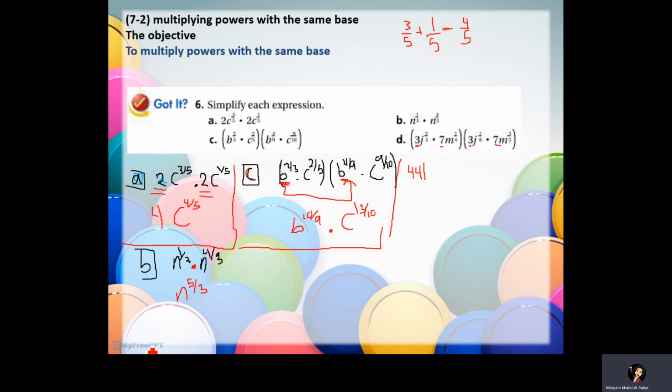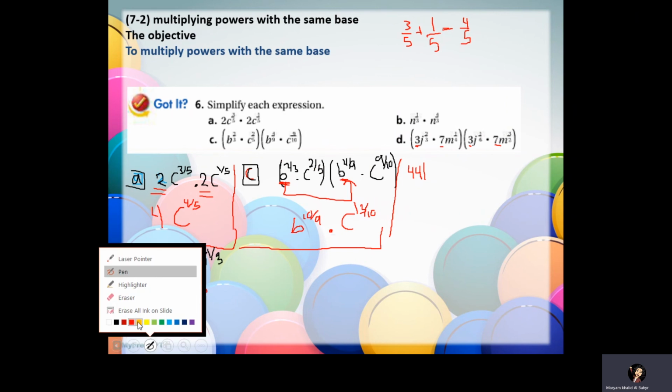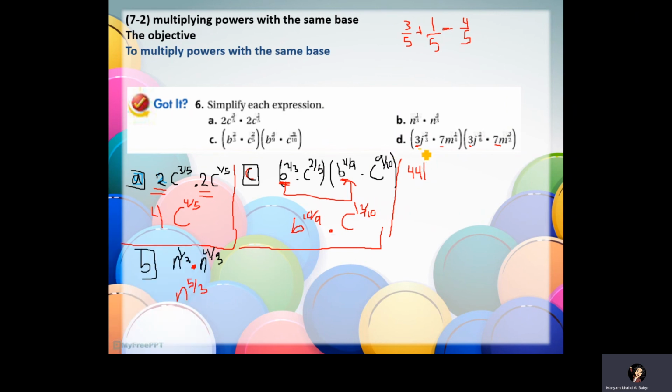Now I will focus on the exponential things. So I will see J here and this J. So let me rewrite them for you. So J to the power 2/3 times J to the power 1/6.